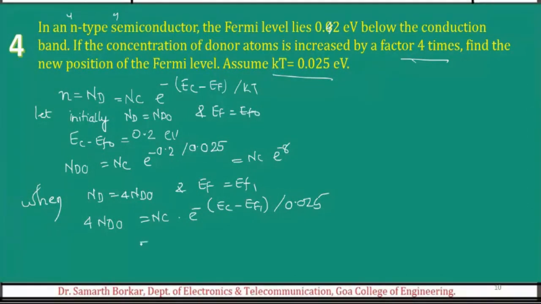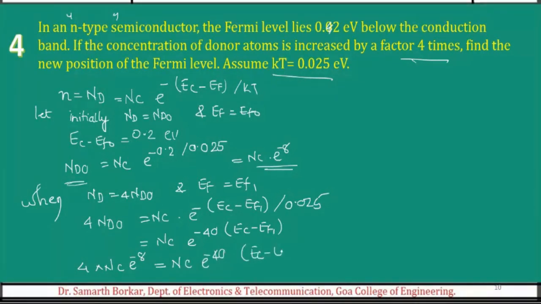So from here, you can simplify e raised to minus of 40 into Ec minus EF1. So 4 into Nc e raised to minus 8 equals Nc e raised to minus of 40 into Ec minus EF1.